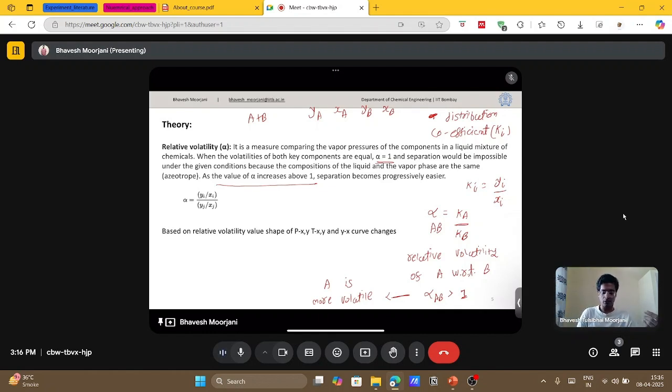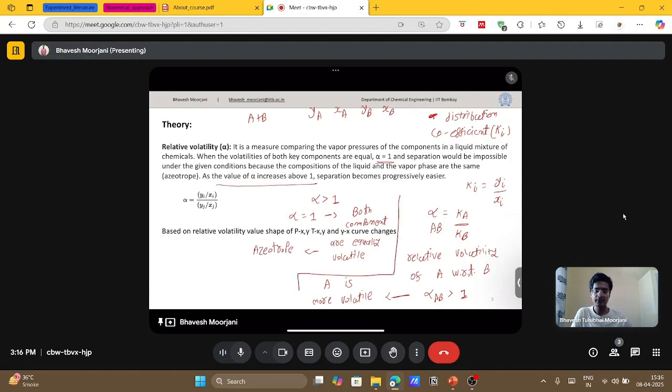So for a distillation column, alpha greater than 1 conditions are needed. If alpha equals 1, that means both components are equally volatile, so we call it an azeotrope. If we have an azeotrope, then separation becomes difficult in the distillation column. Why?